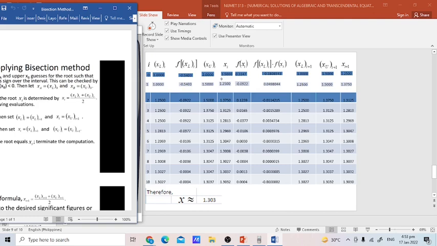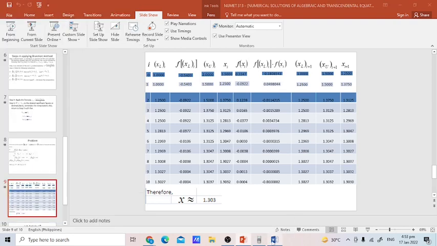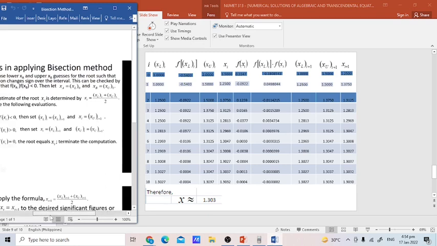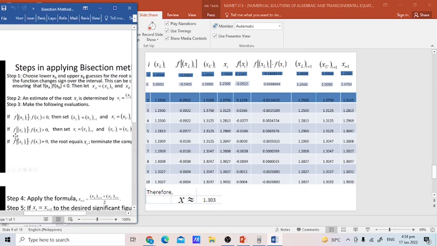Okay? So, tapos, pag multiply natin yung dalawang function value, positive ang lumabas. O, anong gagawin pag positive ang lumabas? O, tignan natin yung instruction ulit. Positive yung lumabas. If f of x sub l sub i times f of x sub i is greater than 0, so meaning positive, set x sub l,i equals x sub i plus 1.